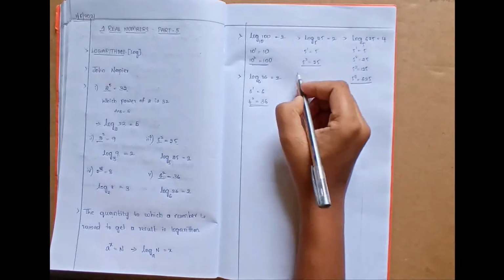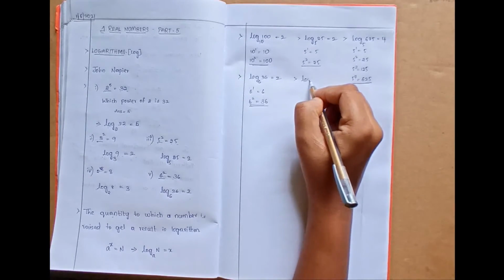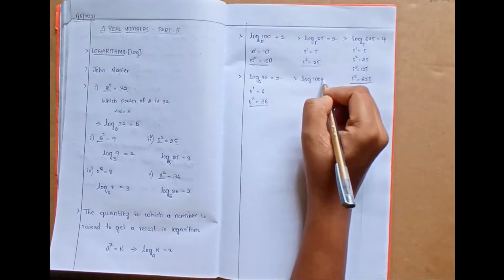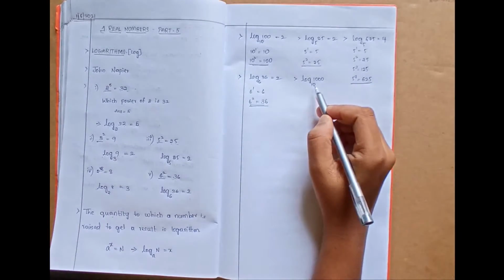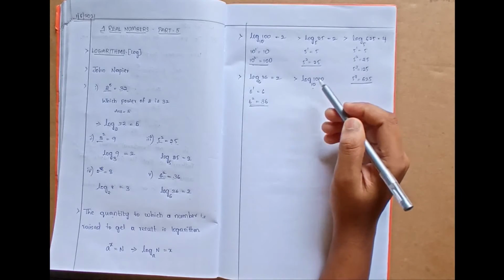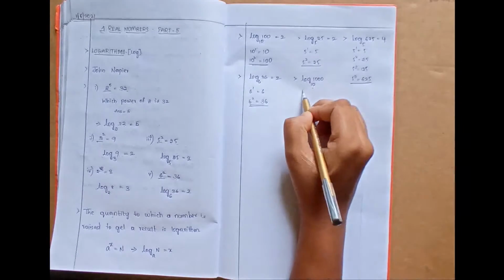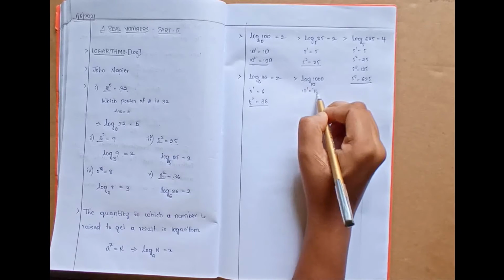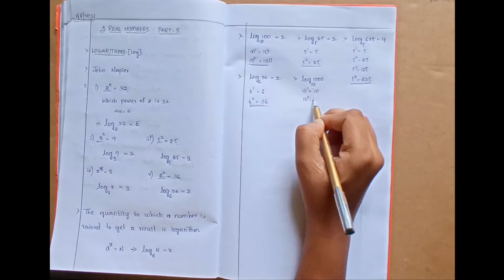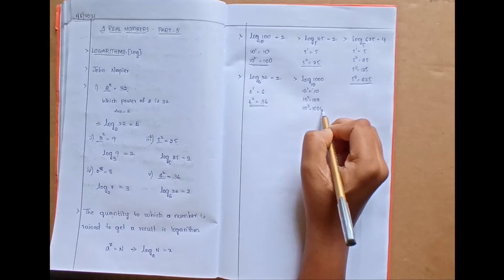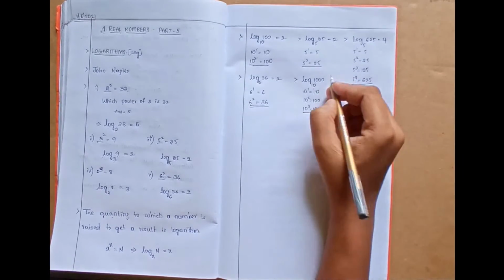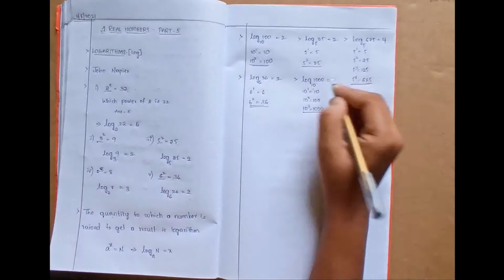And let's take another, log 1000 to the base 10. Now here we should find how many times 10 is raised to get 1000. 10 to the power of 1 is equal to 10. 10 squared is 100. 10 cubed is 1000. So as you can see, 10 is raised 3 times to get 1000.